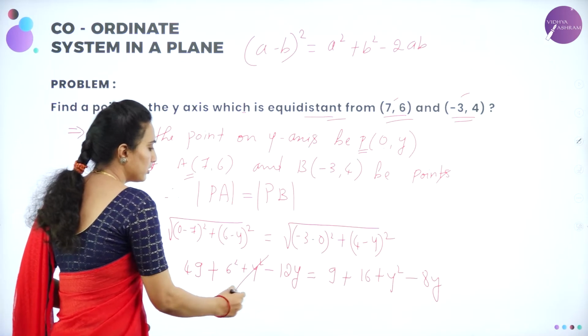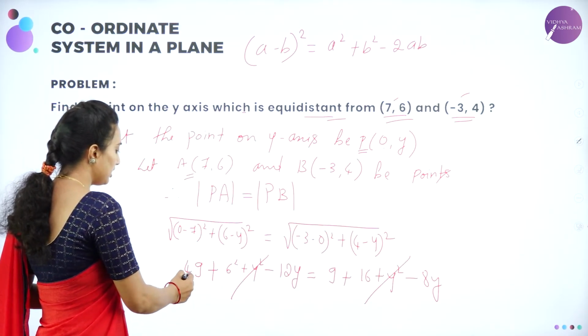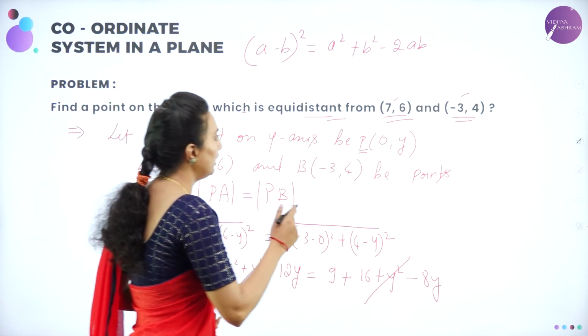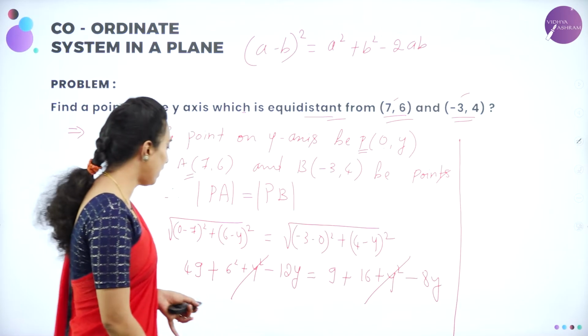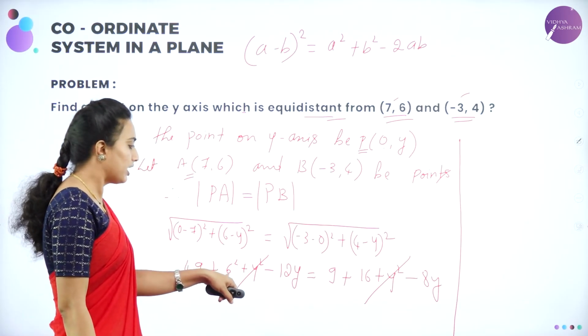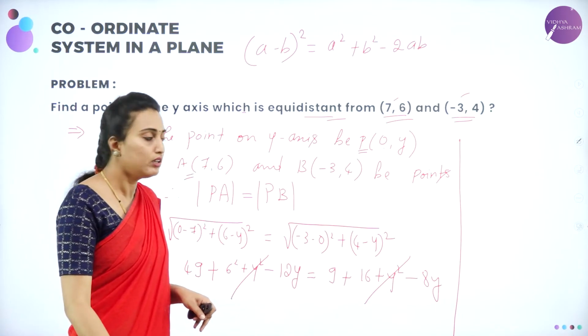So what happens to this condition? Now positive y squared will get cancelled. Let me take the value, what is that? 49. You are going to have it as, see, 49 plus 36. Here 16 plus 9. What is 16 plus 9? 25.